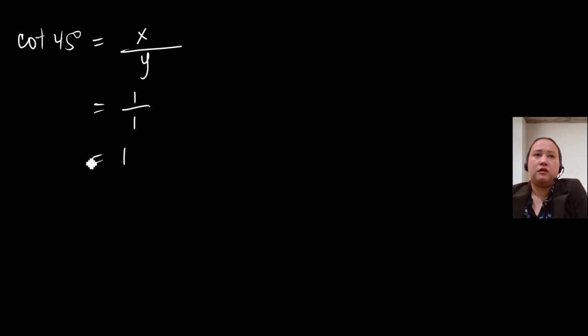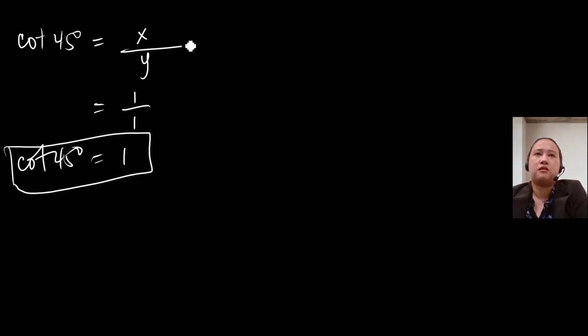If you would like to solve for the cotangent theta, in which theta is 45, so we have cotangent of 45 degrees. Cotangent 45 degrees is x over y, 1 over 1 equals 1.